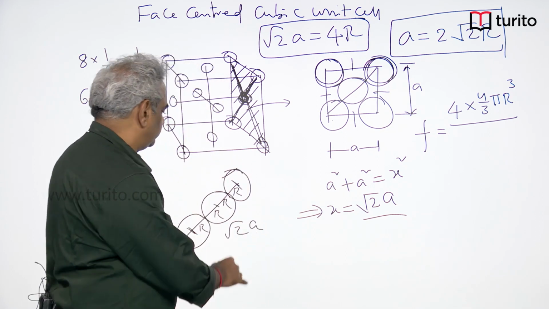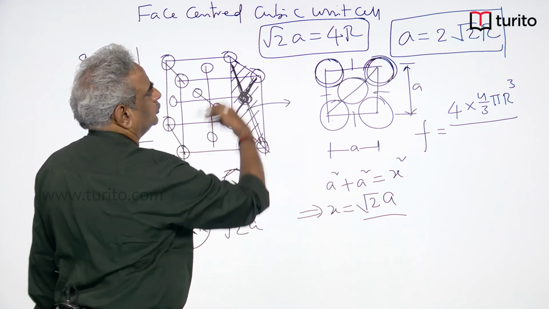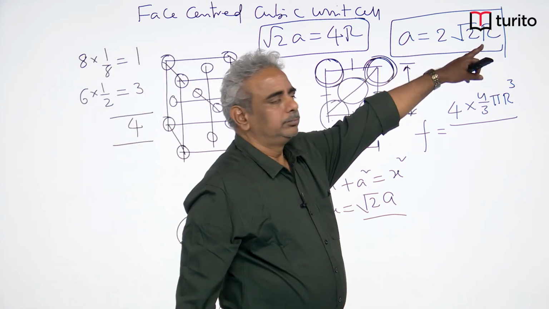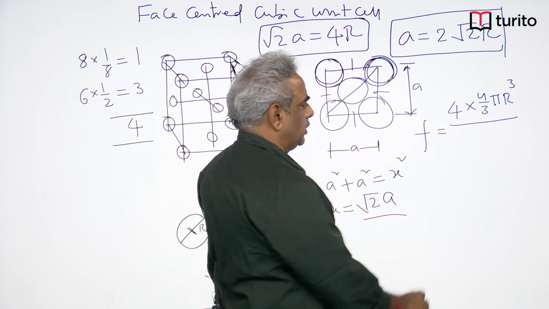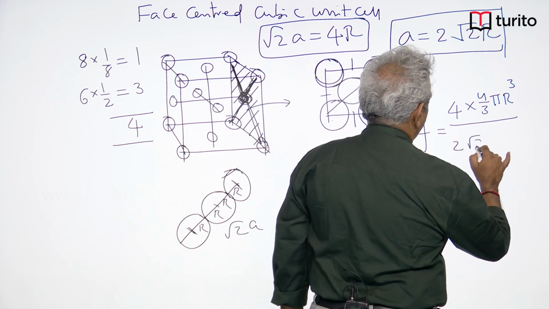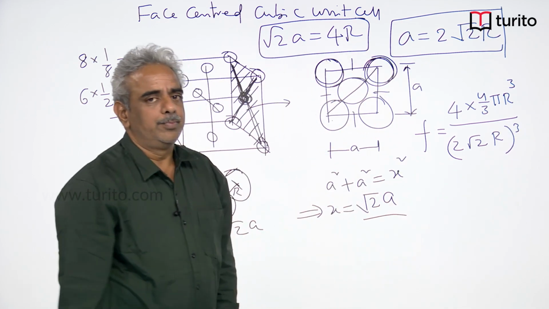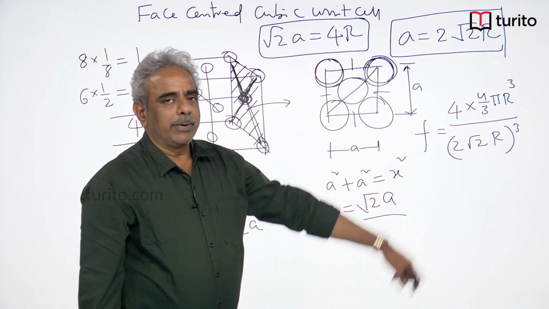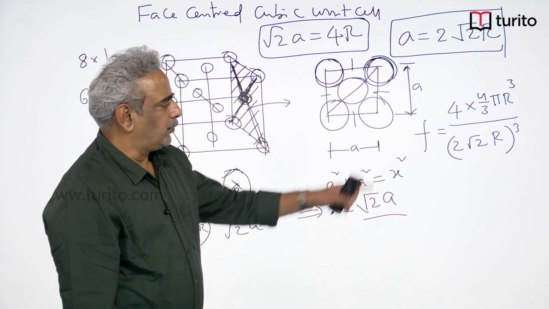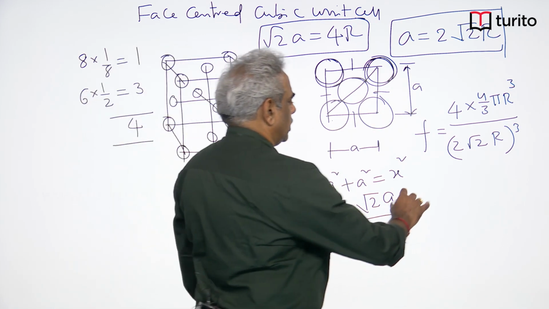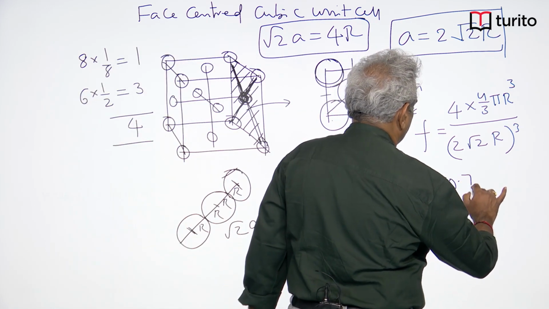What is A? 2 root 2 r. A cube we want. 2 root 2 r whole cube. R cube get cancelled. And if you just work out everything, you are going to get 0.74.